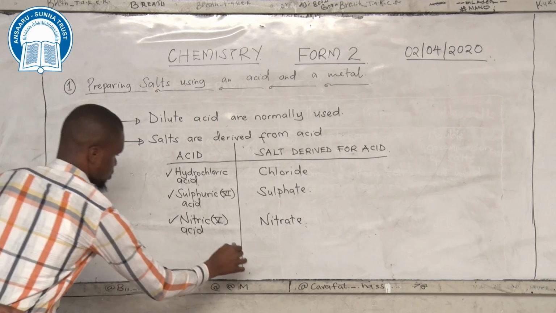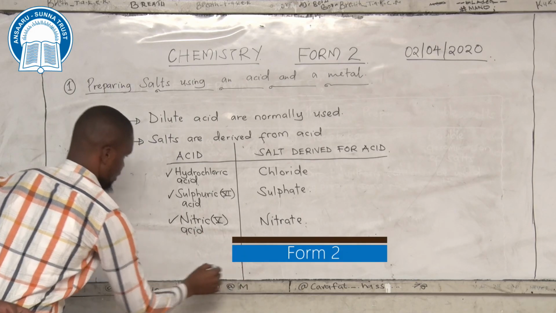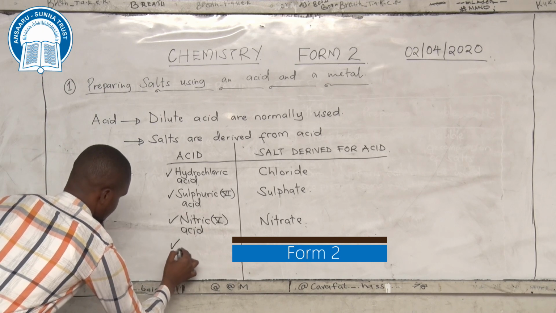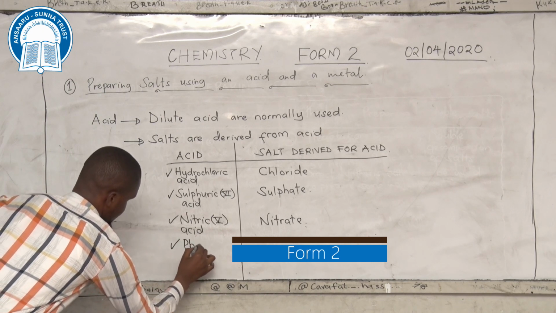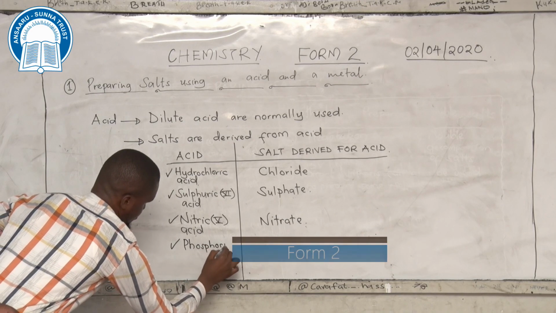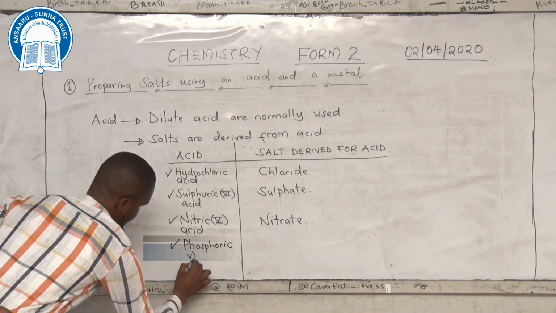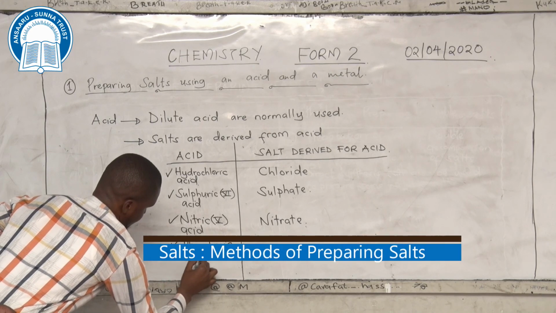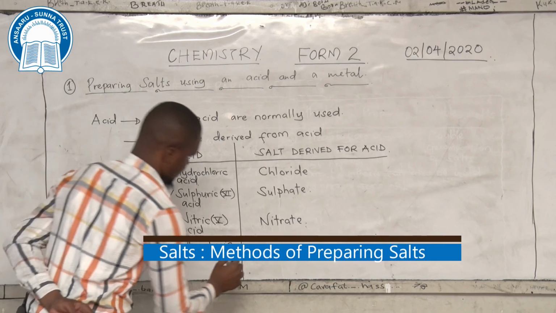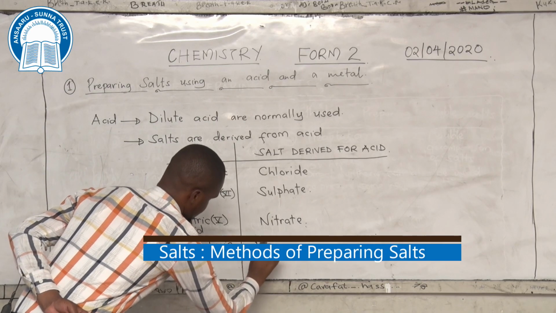And this can continue here. We can say phosphoric(V) acid. The salt we can obtain is a phosphate.